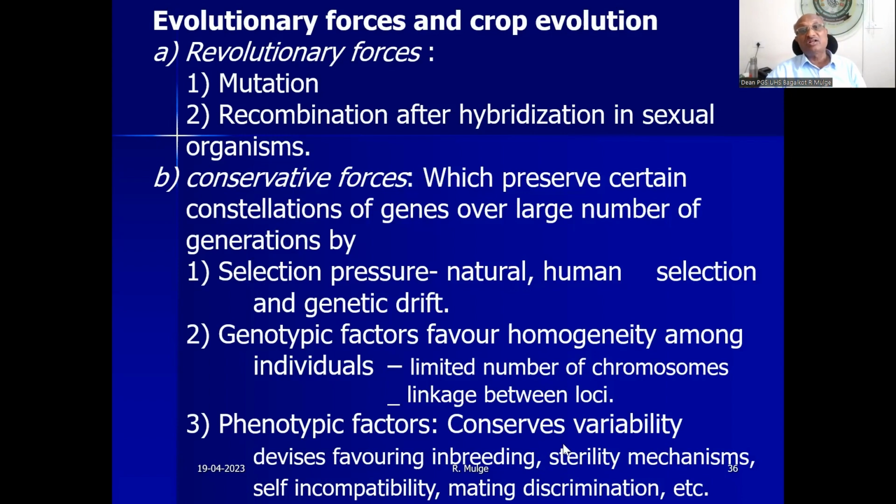Mating discriminations are also there. There are plenty of types of mating discrimination, like assortative mating and disassortative mating. It is said many times, you preserve a certain constellation of genes, most of the time.